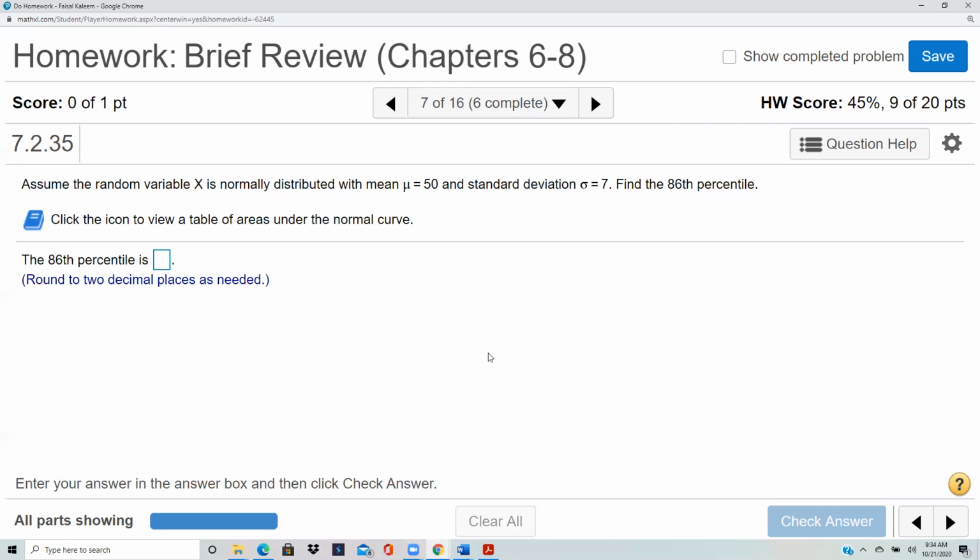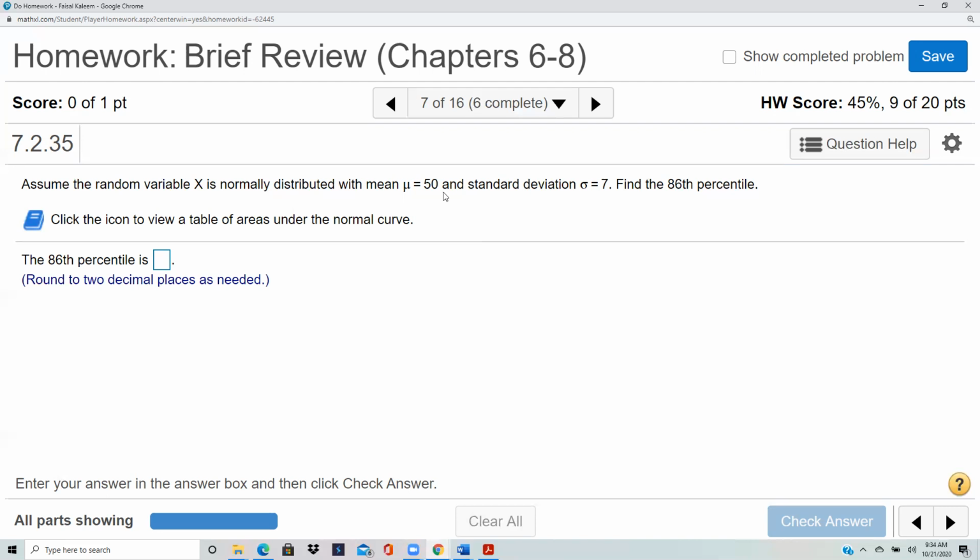Wouldn't it be below? Yeah, because the higher your percentile, the better you are doing. So if your height is 86th percentile, it means 86% of the girls are below you. Right. So percentile always means how much is below. So 86th percentile would mean that the area below that mark is 0.86.